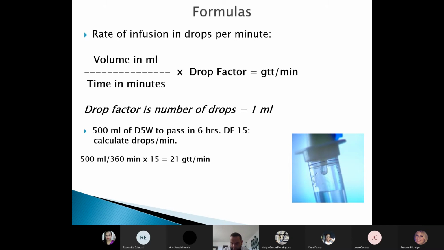Let me write the formula for the drops per minute. Everyone can see the presentation? Yes.